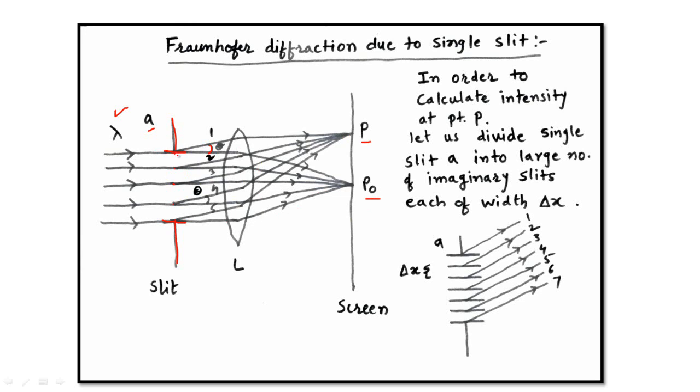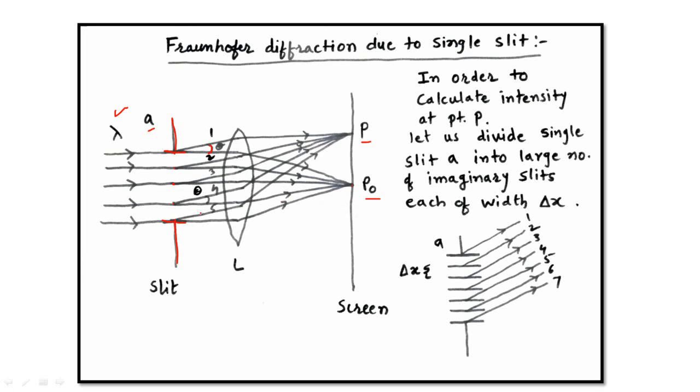Since the secondary rays which travel normal to the slit travel equivalent paths to reach point P0 on the screen, the intensity produced at point P0 is always a maxima, and hence that intensity is called the principal maxima or central maxima. We will see the condition for that also later.